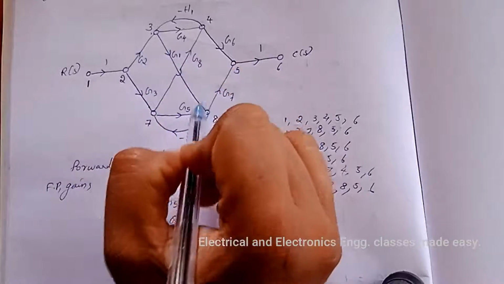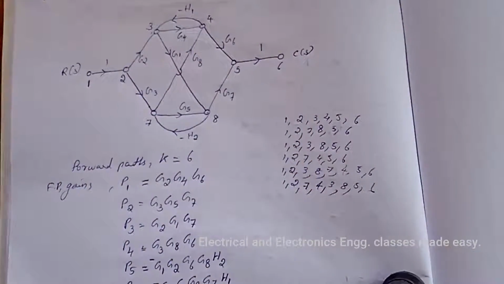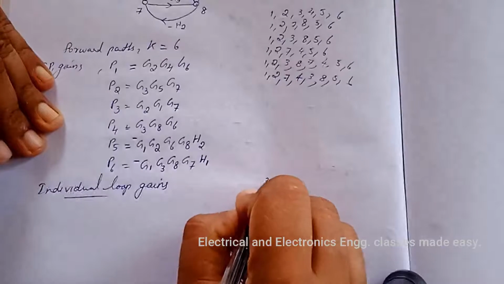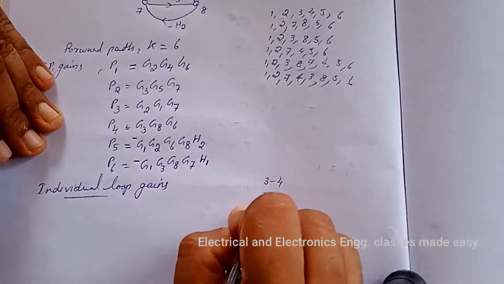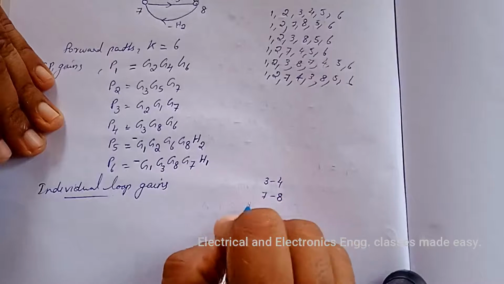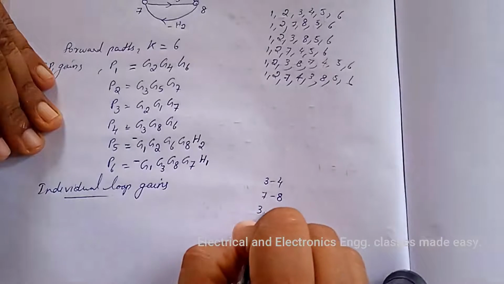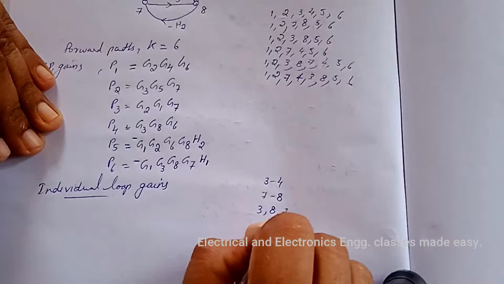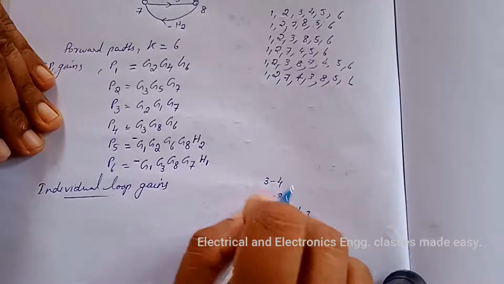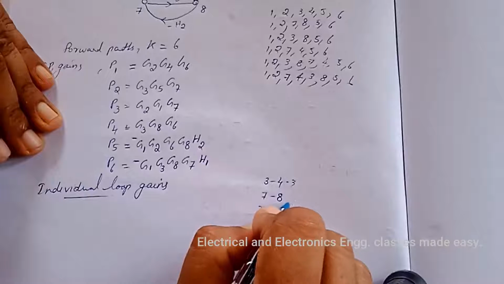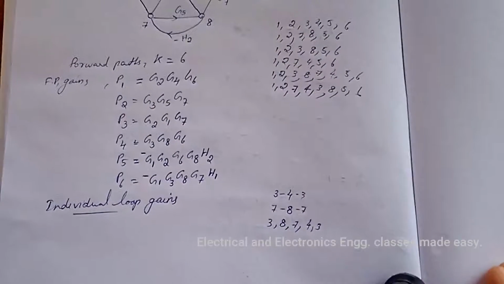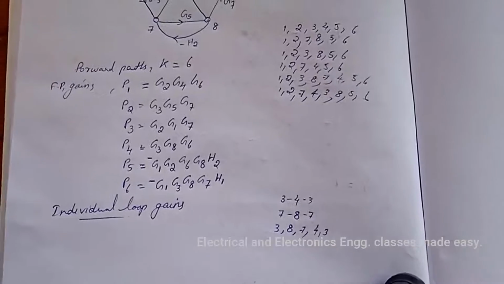So this is another loop. So the individual loops are, one is 3 to 4, next is 7 to 8, and another is 3, 8, then 7, 4, 3. So these are the individual loops.